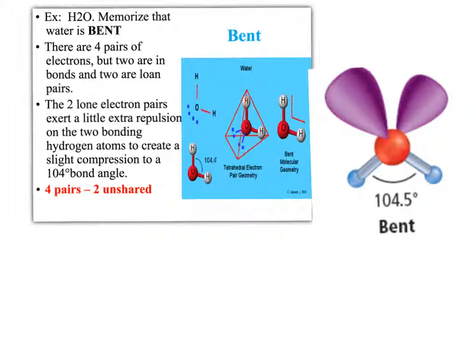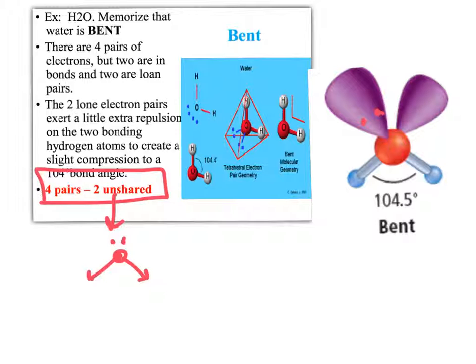And our next one is called bent. So there's actually a couple of different kinds of bent. You can also have a bent like this, where there's one unshared pair of electrons. But the bent that we're talking about right here is the kind that we get where we have 4 pairs of electrons, just like we did in the tetrahedral, but 2 of them are not shared.